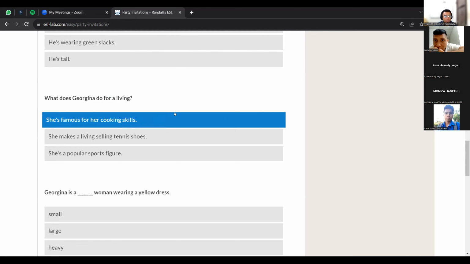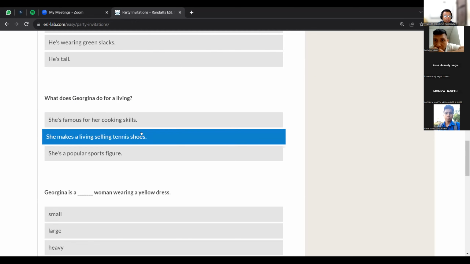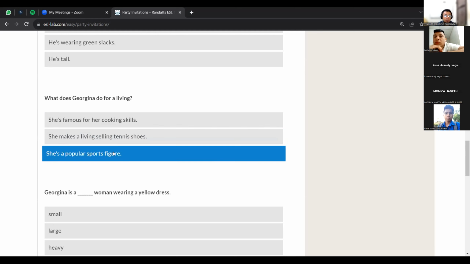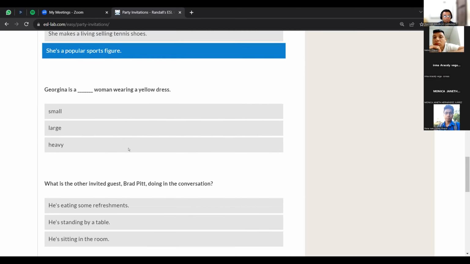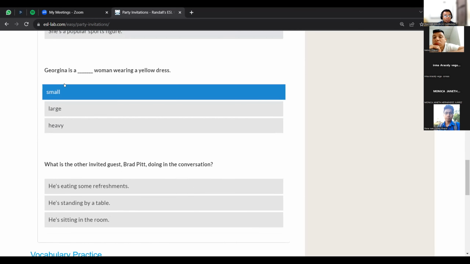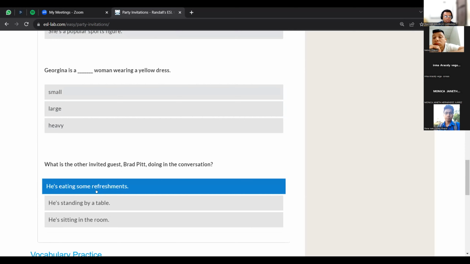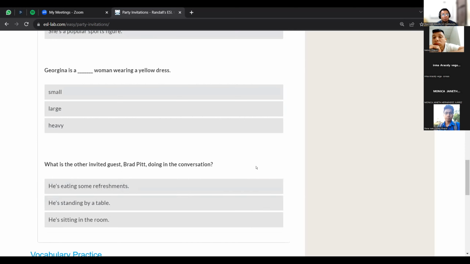She's famous for her cooking skills, she makes a living selling tennis shoes, or she's a popular sports figure. Georgina is a small, large, or heavy woman wearing a yellow dress. And the last one, what is the other invited guest Brad Pitt doing in the conversation? He's eating some refreshments, he's standing by a table, or he's sitting in the room.